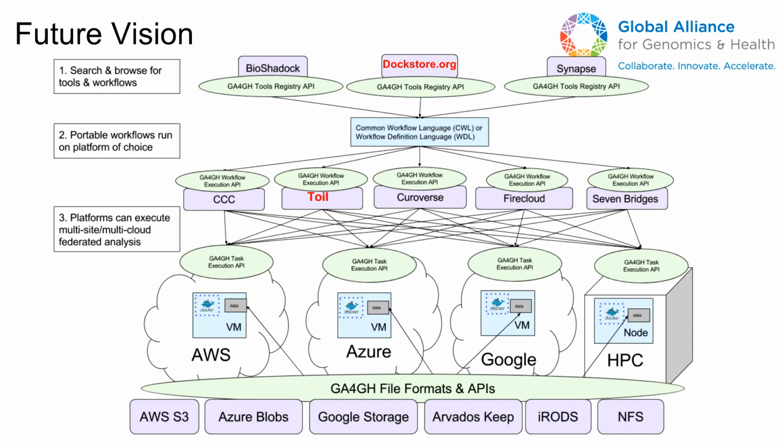And from these workflow execution engines, on the GA4GH side, we really want to provide this task execution API that would make it possible to address Amazon, Azure, Google, all in the same way for executing individual steps in a workflow, but also potentially even HPC environments.